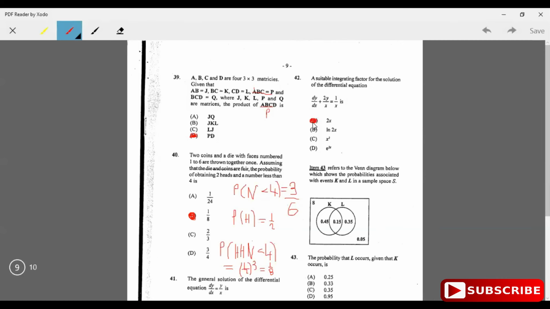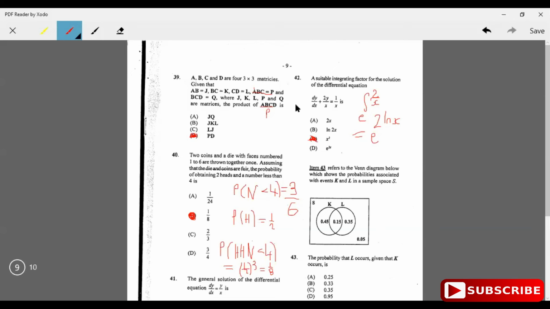This one is C, because it's e to the integral of P dx, so 2 over x, which is e to the 2 ln x. We can rewrite it as e to the ln x squared, and that equals x squared.